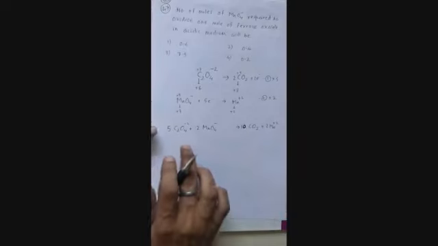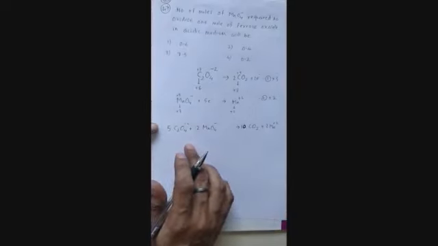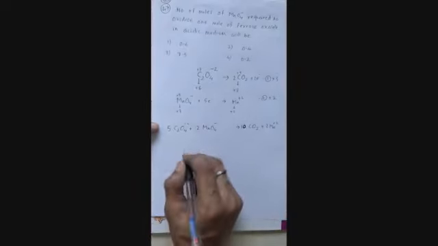So this is what the reaction is going to be, right? So now what we are interested in is MnO4 minus and oxalate ion, correct or not?